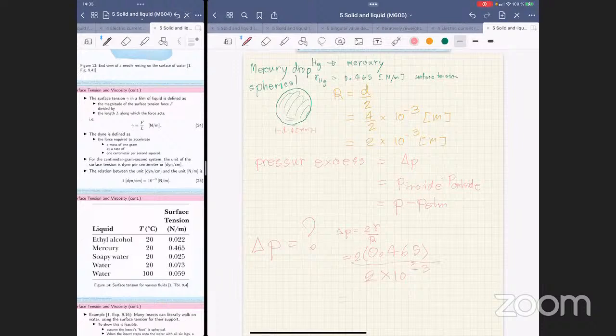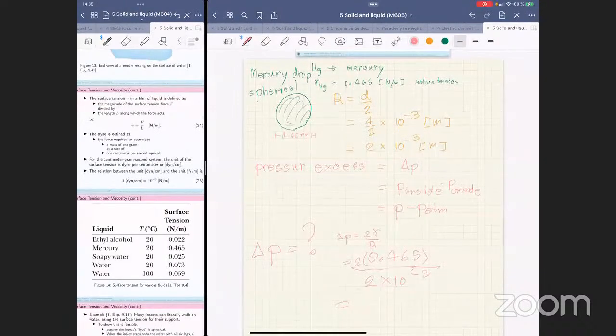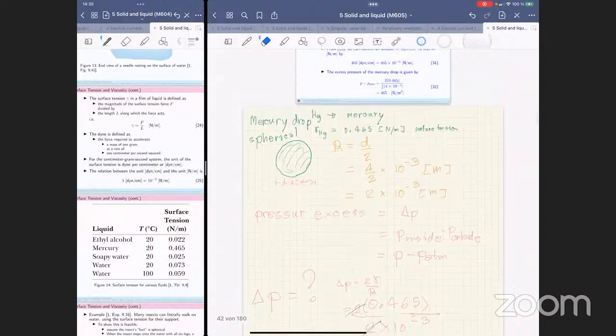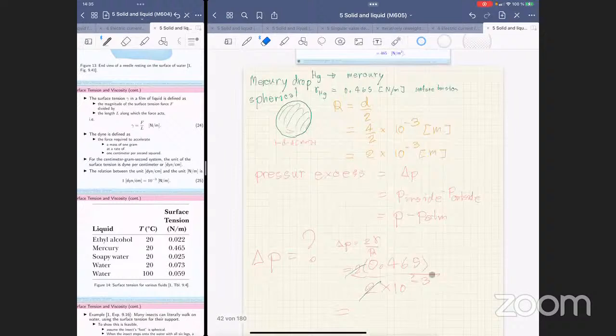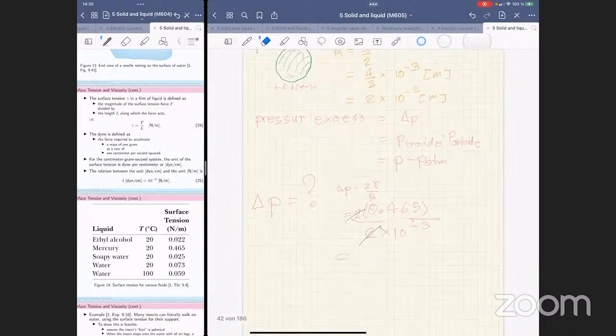You put it into the calculator, and you would have the cancellation between the number 2 above and below, and flip the 10 to the negative 3 to the numerator, and we would end up with 465 only.